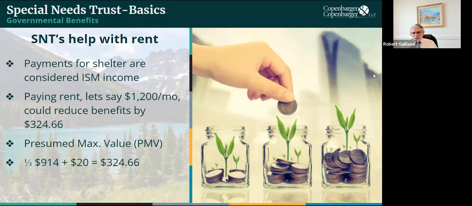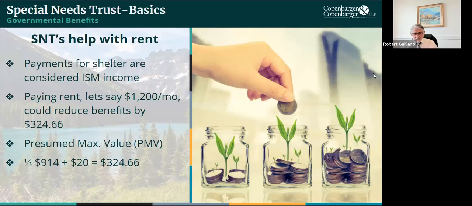So there's a very interesting rule that I need you to understand. There is a rule that is called the presumed max value, PMV, rule. This is the saving grace.